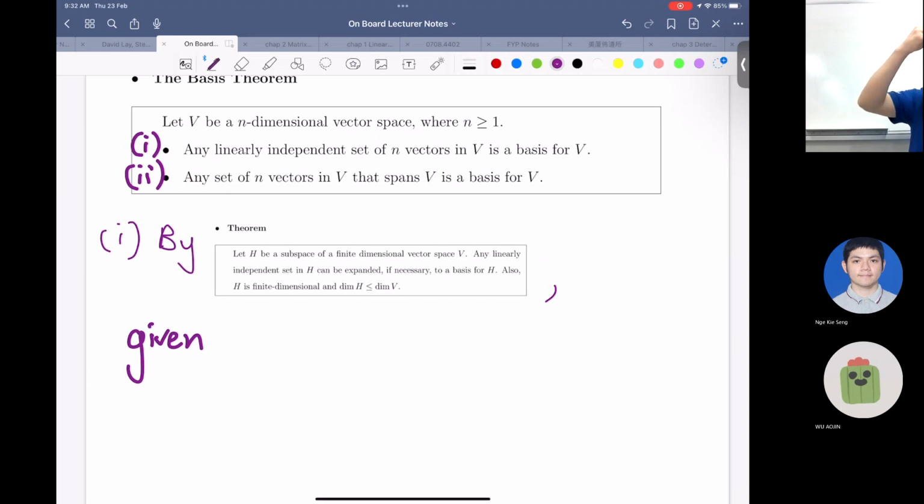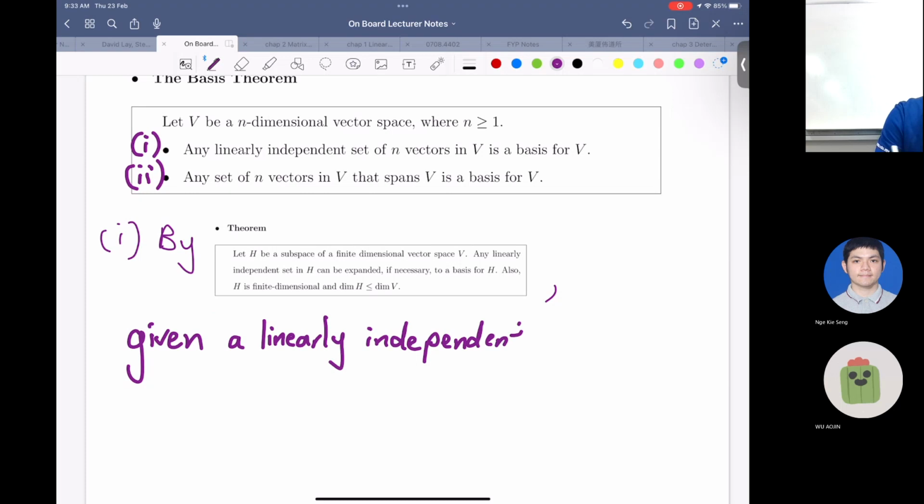So given a linearly independent set of n vectors, how do you show that it is a basis?